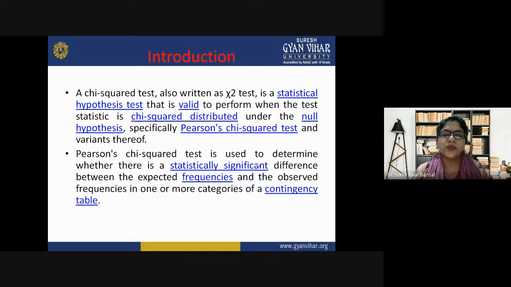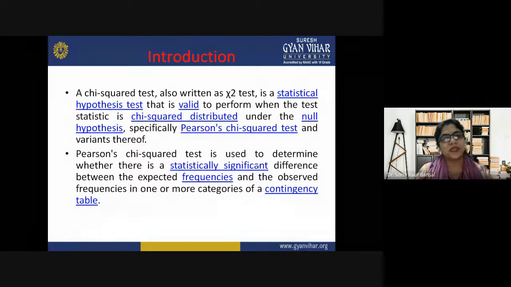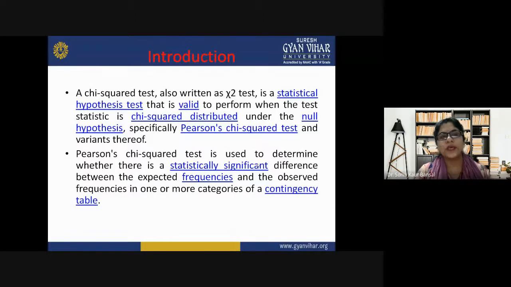Students, understand it in a simple way: when you have to test a hypothesis, you apply the chi-square test under the null hypothesis, specifically Pearson's chi-square test and variants thereof. Pearson's chi-square test is used to determine whether there is a statistically significant difference between the expected frequencies and the observed frequencies in one or more categories of a contingency table.